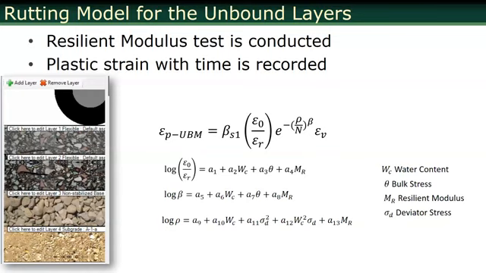Let's take a break. Okay, and so we have unbound layer plastic strain, beta 1, is the only calibration factor really for the unbound layers.